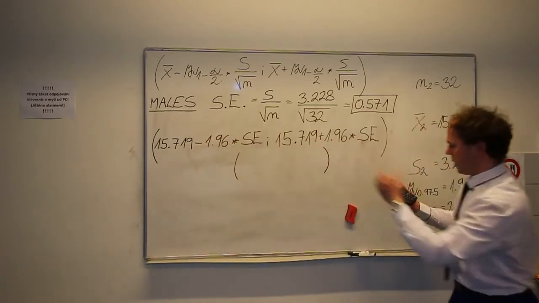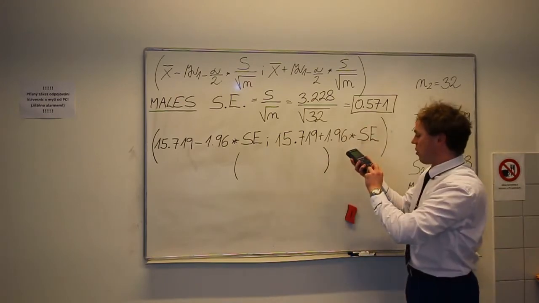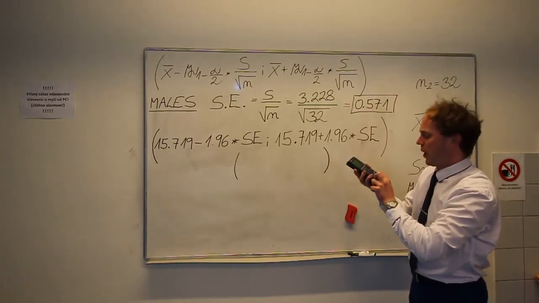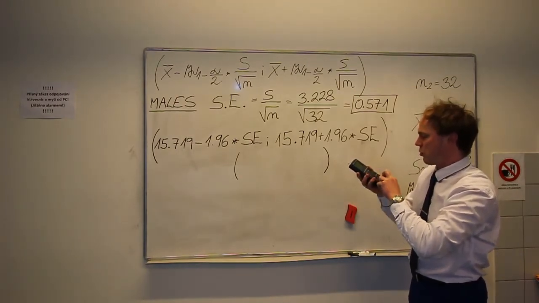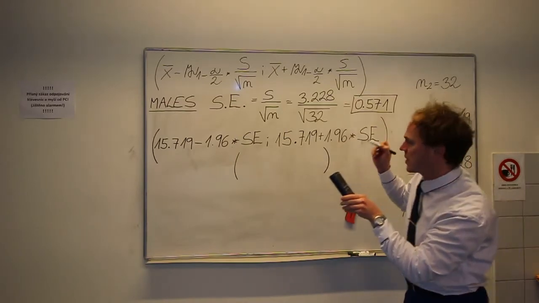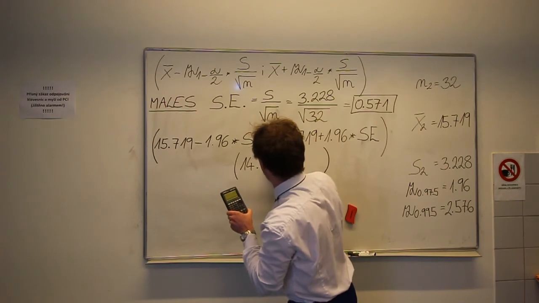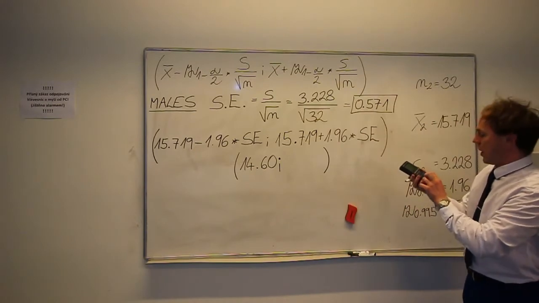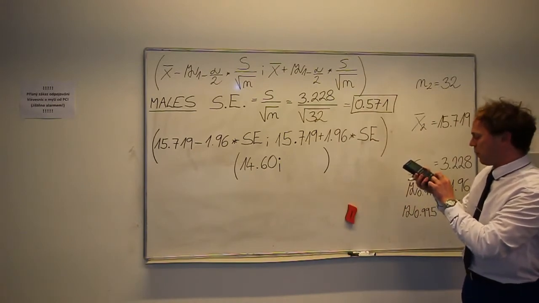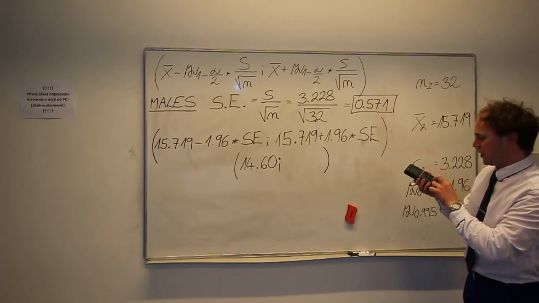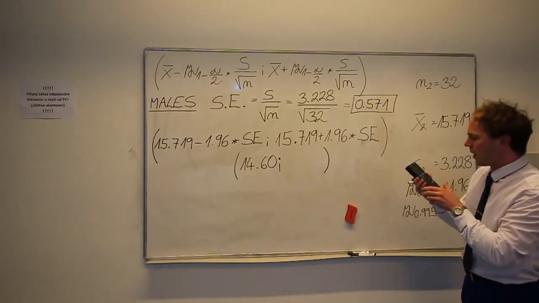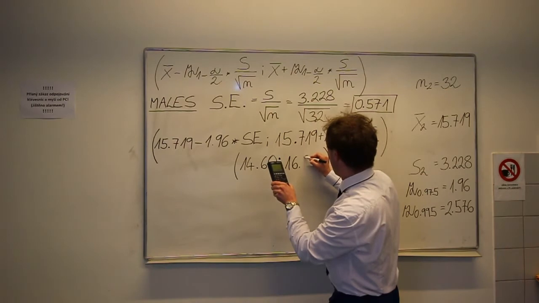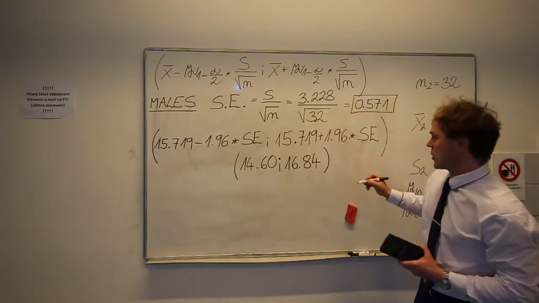Okay, so 0.571 times 1.96, 15.719 minus this result, 14.60 points, and the right side, 0.571 times 1.96 plus 15.719, 16.84.